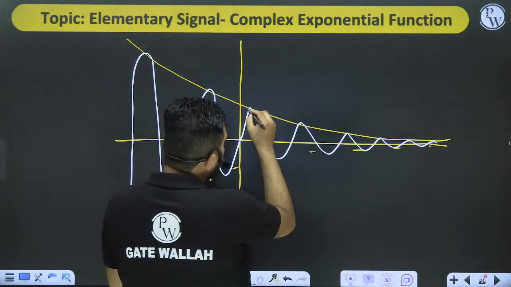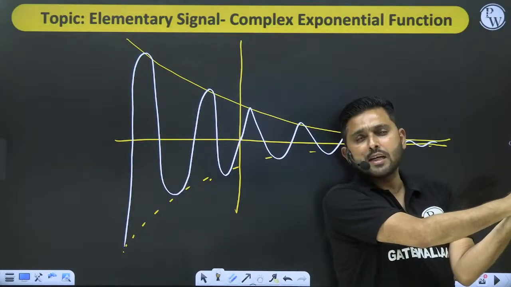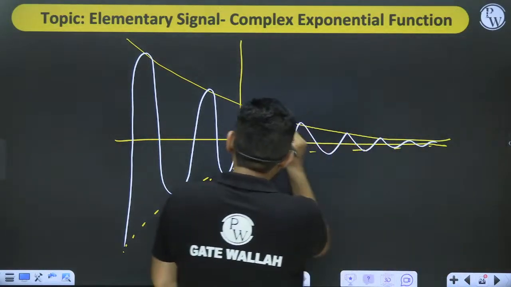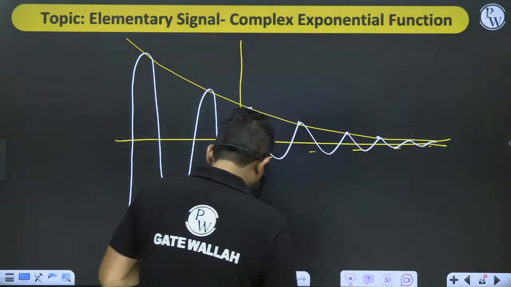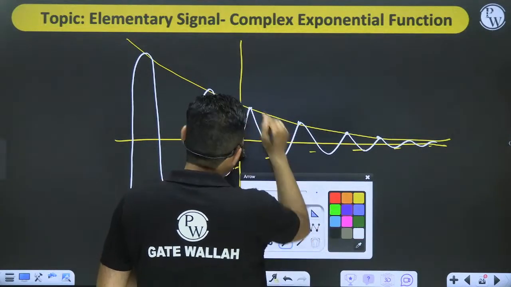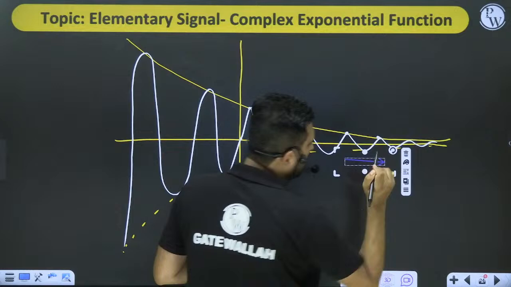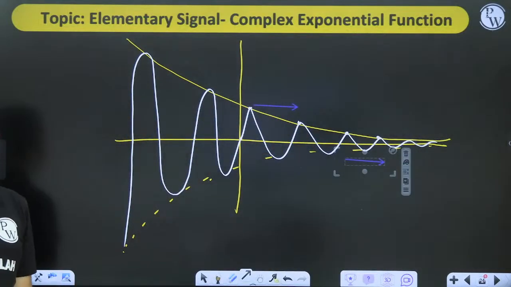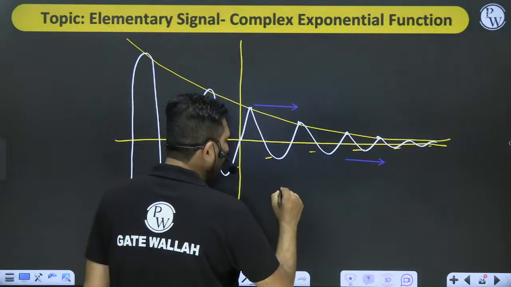And look at this one. The amplitude is constantly decreasing. So if you consider this to this or this to this, from here to here or from here to here, then they are not the same. So this means that this is non-periodic.